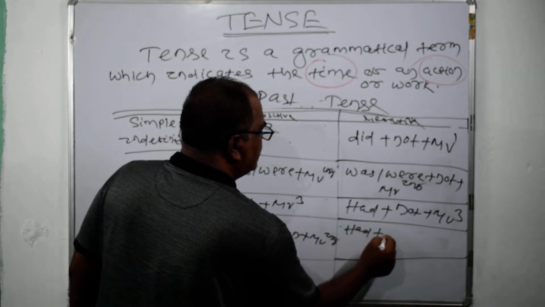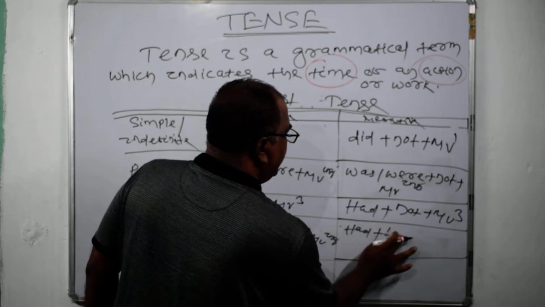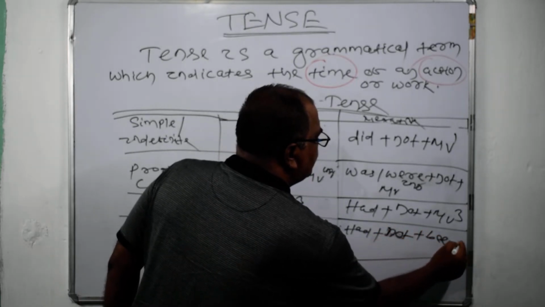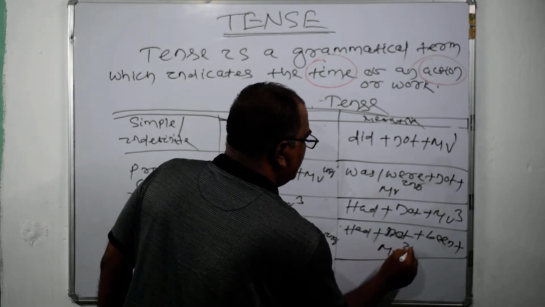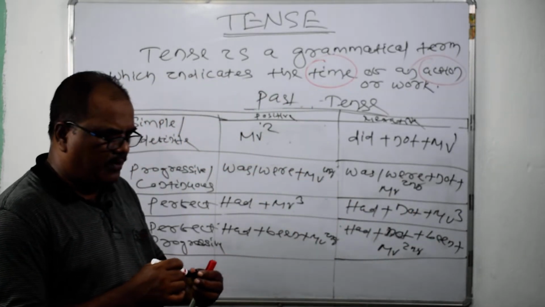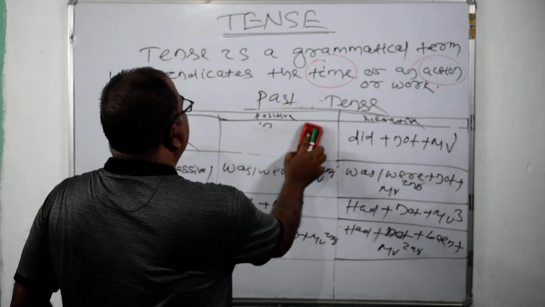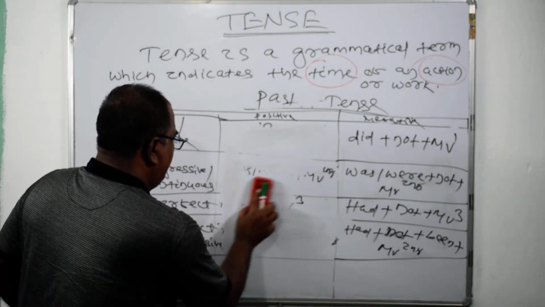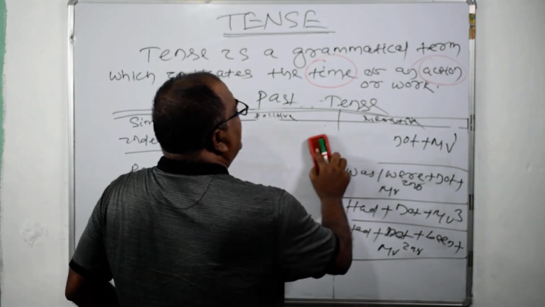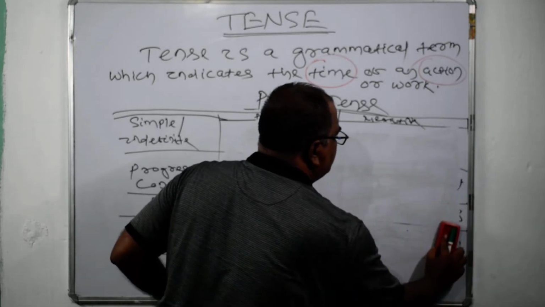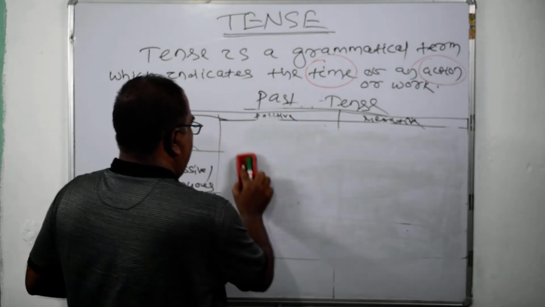Its negative form is had plus not plus been plus MV ing. These are the different forms of verbs in different forms of past tense. Next day we will discuss the different forms of verbs in different forms of future tense.